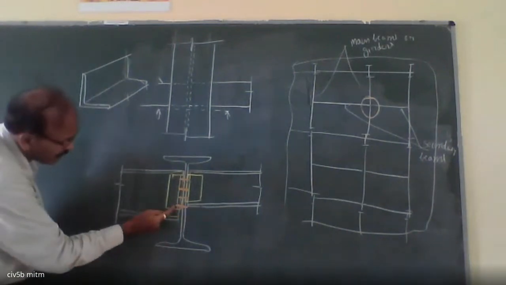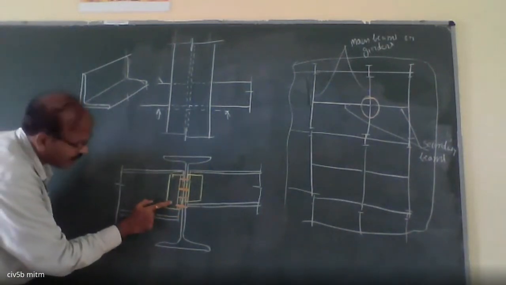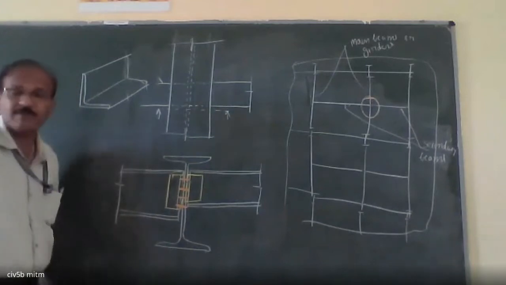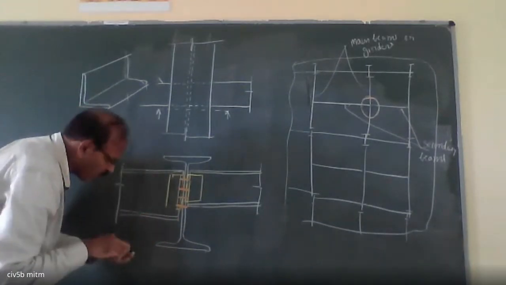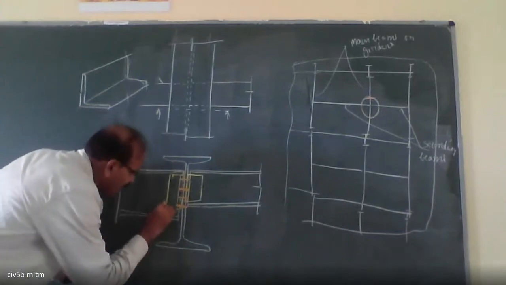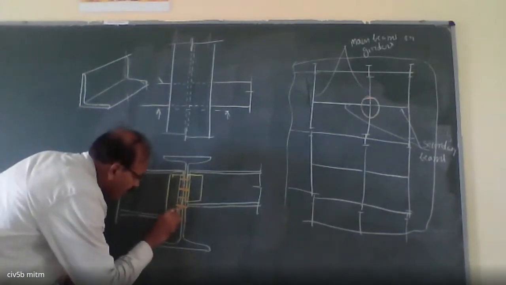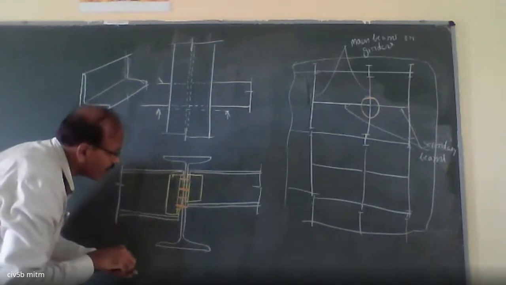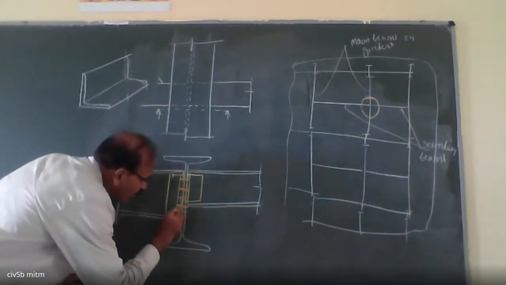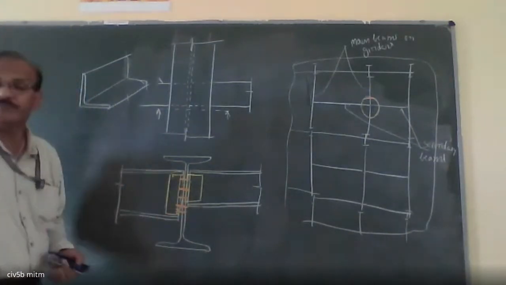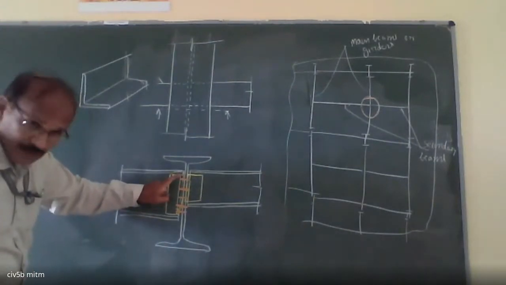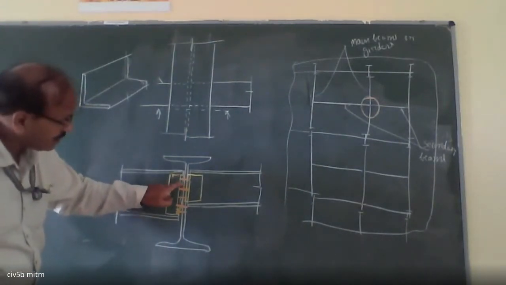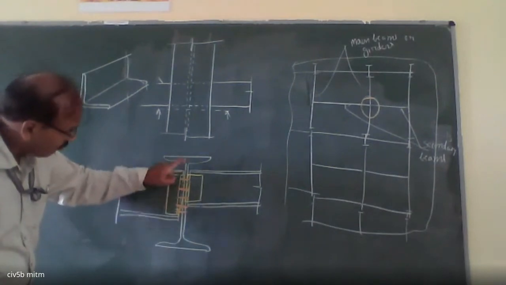This bolt connects this angle and the web section. And if you need one more bolt, for example, we are going to provide one more bolt here. This connects one of the legs of this angle, one of the legs of this angle, with the web.